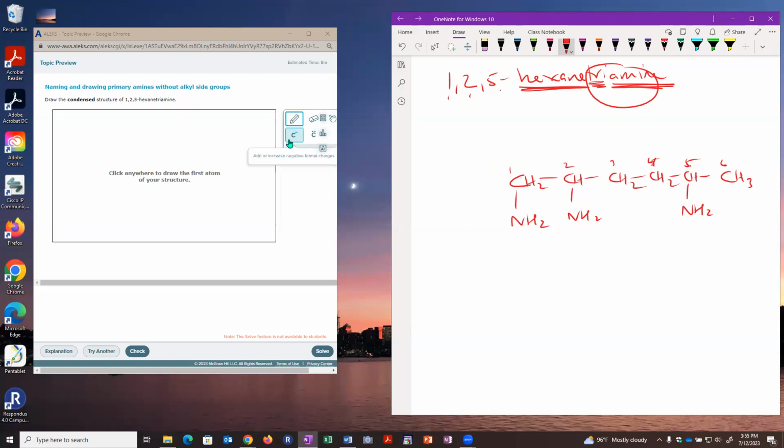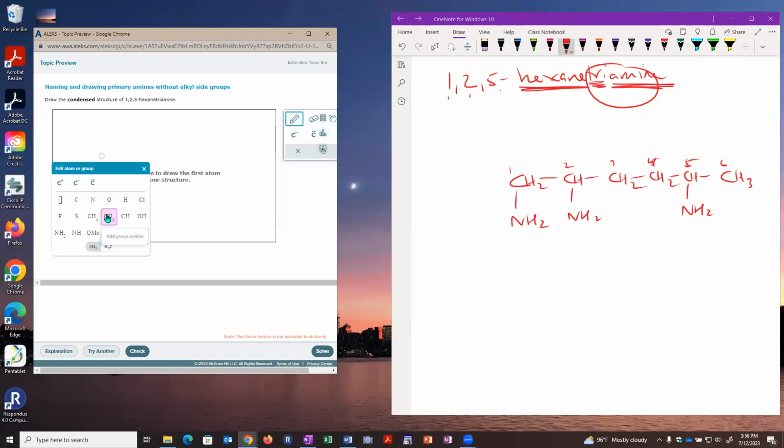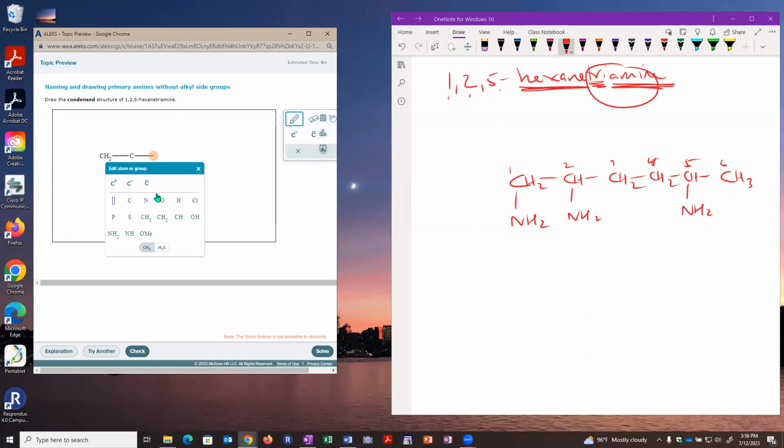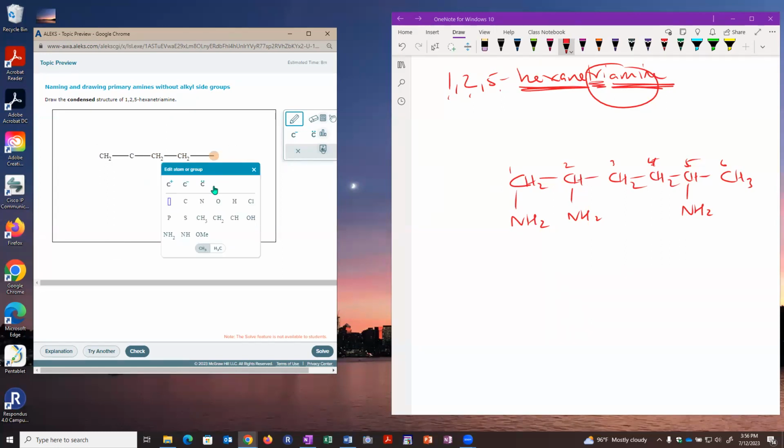I'm going to convert it now to the ALEKS format. So you have a CH2 that's connected to another C that's connected to a third one, which is a CH2. Fourth one, which is a CH2. Fifth one, that's a CH.